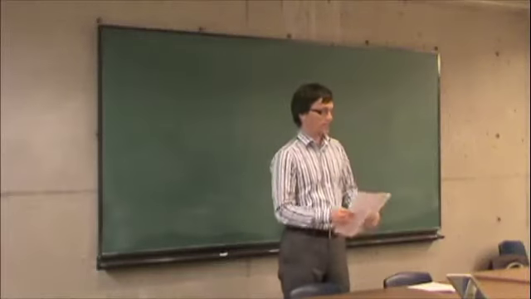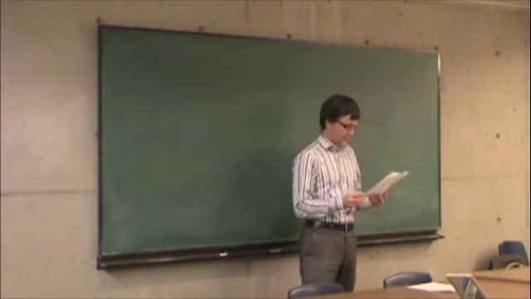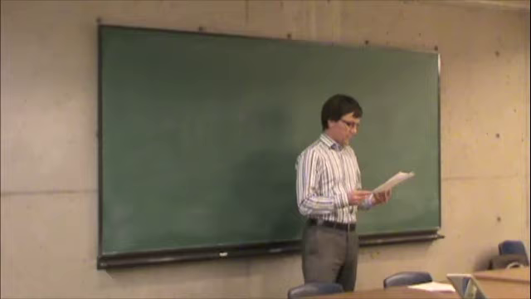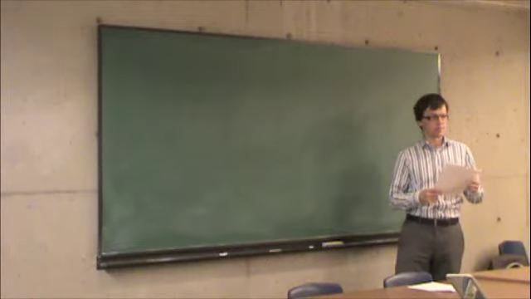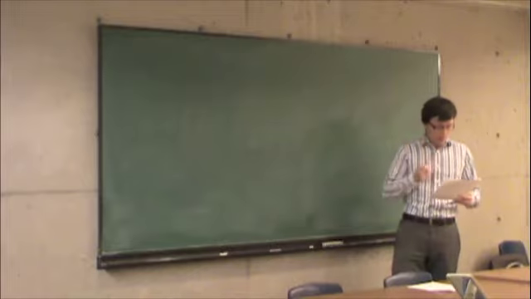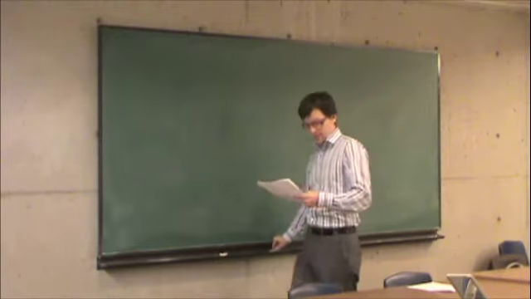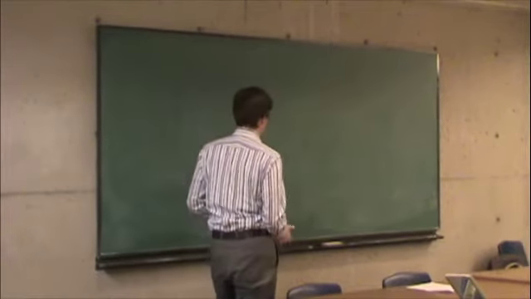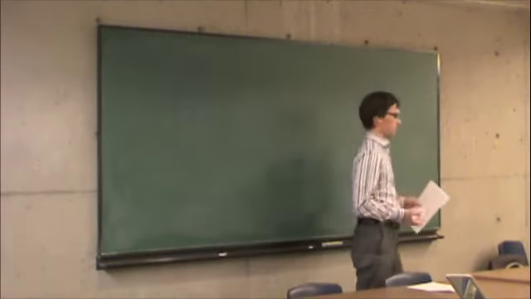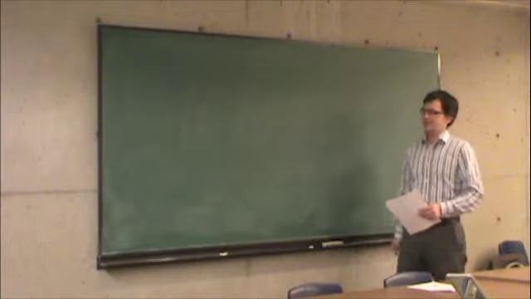Okay. Last time we were talking about probability of error calculations for two-dimensional signal space. And we came up with the following. So basically what we did was we said a two-dimensional signal space, we have two match filters.